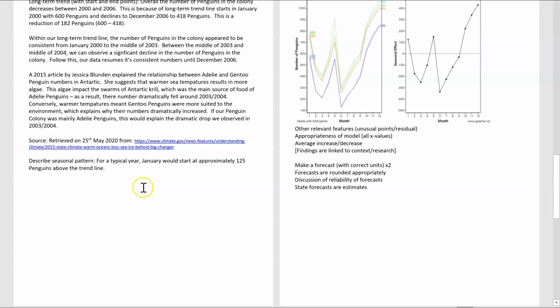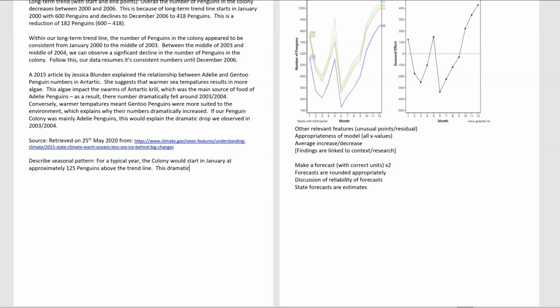And I'm just going to clarify, the colony would start in January at approximately 125 penguins above the trend line. So I'm just linking it back to my context.